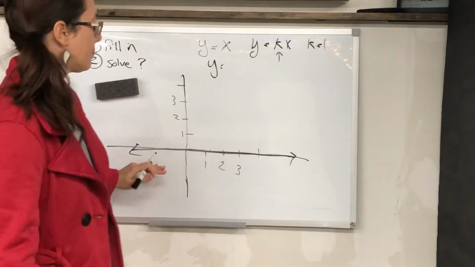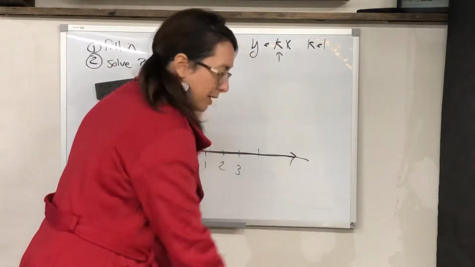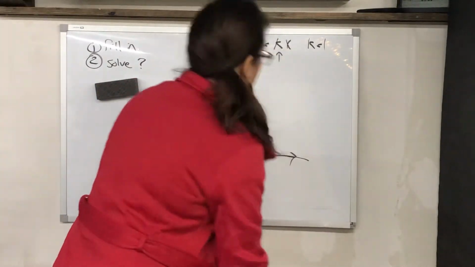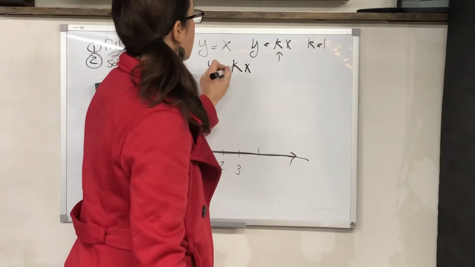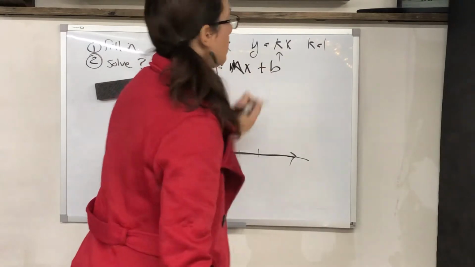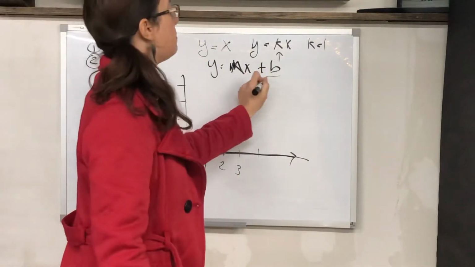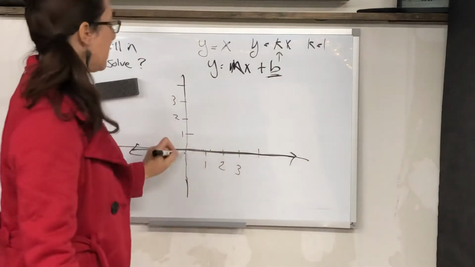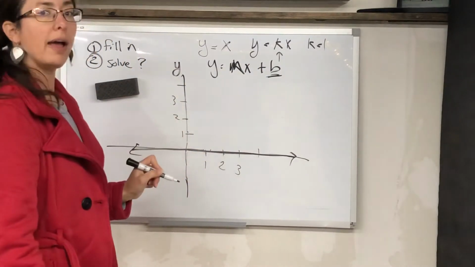All right, now, when we are working with linear equations, you will see y equals kx, or mx, whatever, plus b. This b tells you where your line crosses along your y-axis.